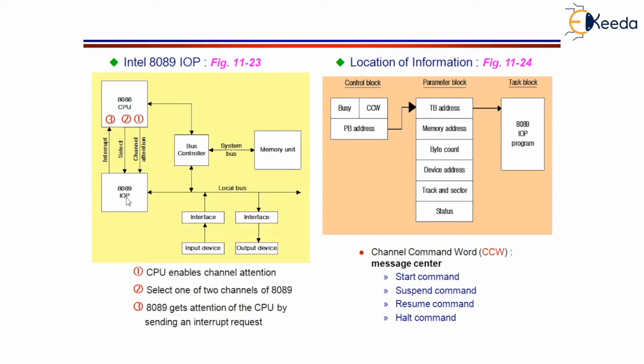That is, 8089 has two channels. What is a channel? A channel is similar to a processor. What is a processor? A processor is going to execute the programs and the IO transfers.